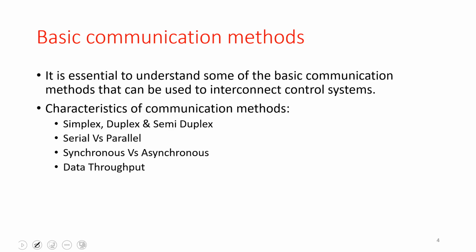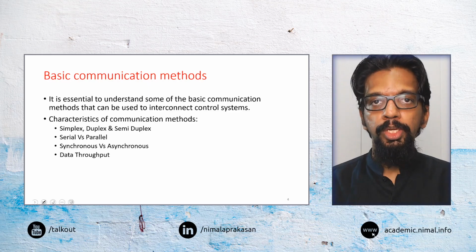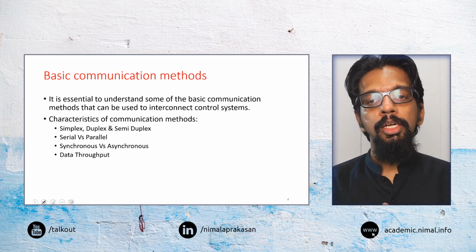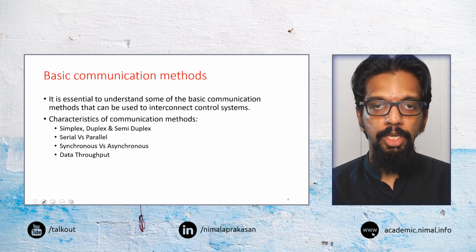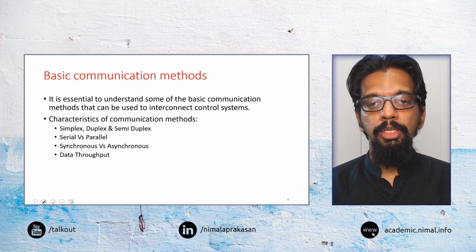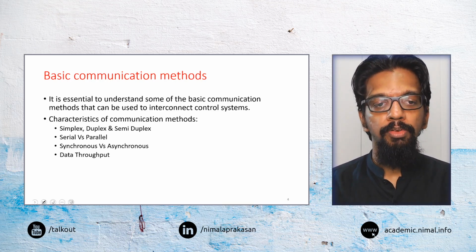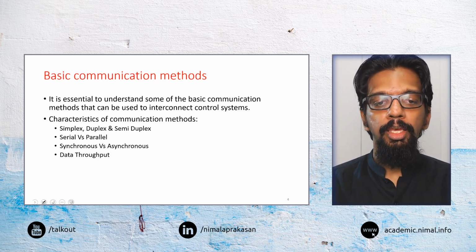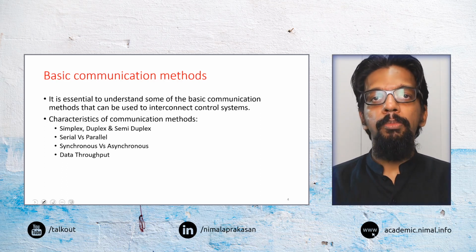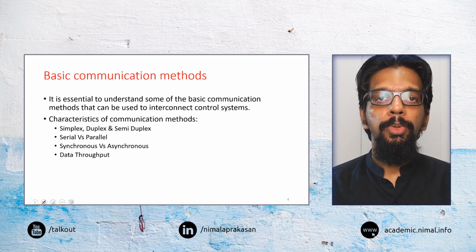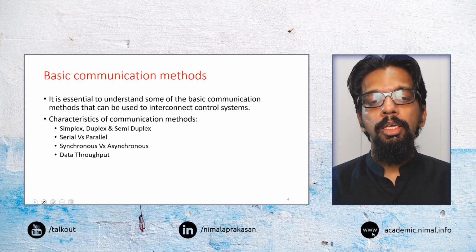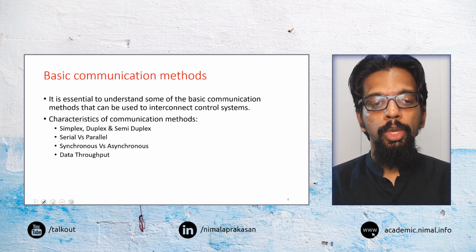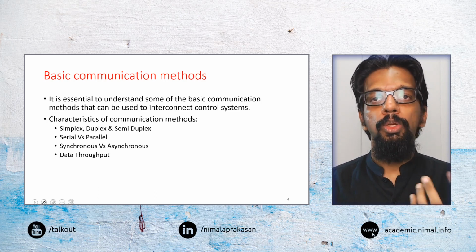Then when we think about communication, we need to understand certain basic communication concepts and methods that can be used to connect computing devices. So the first way of identifying them is how a medium or how a communication wire is used, whether it is simplex, duplex or semi-duplex.